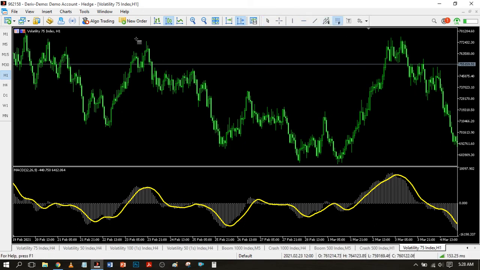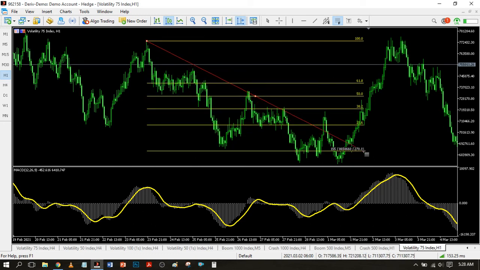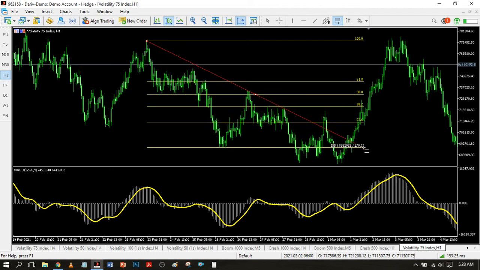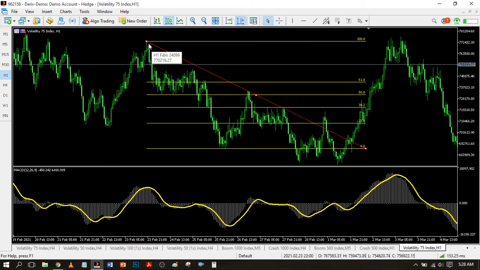All right, let's look at this. Let's see if this will give us something good. All right, it actually did give us something good. You can see price moved from here to here, and price pushed to in between 50 and 61.8 at this level.